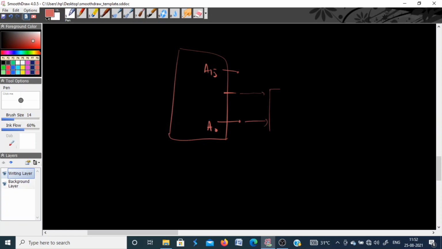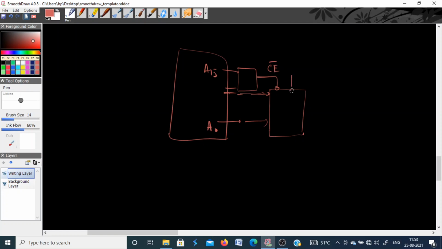You use a few address lines to identify the memory location, which may be 8 lines, 10 lines, or 12 lines, depending upon the memory size. The rest of these address lines are combined with some logic circuit or used in some decoder circuit to enable this chip.